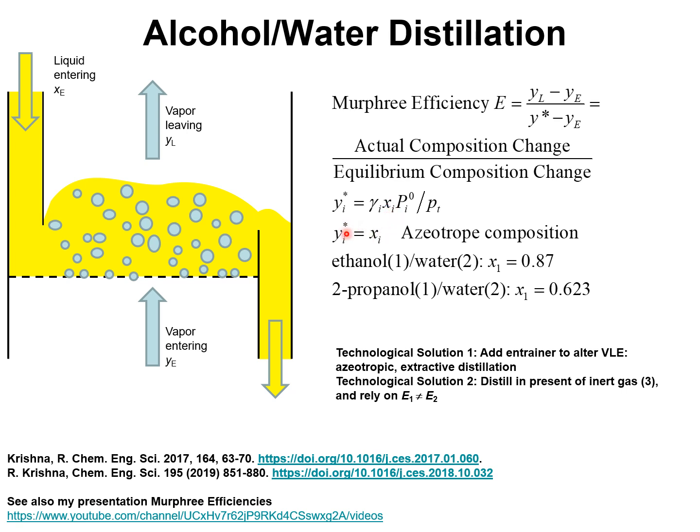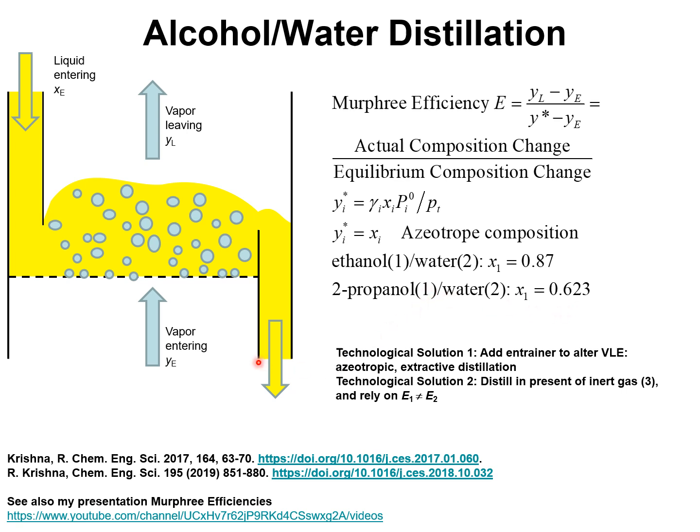And for an azeotropic composition, Y star equals Xi. For example, for ethanol water mixtures, the azeotrope composition is 0.87. For mixtures of 2-propanol water, the azeotrope composition is 0.623.